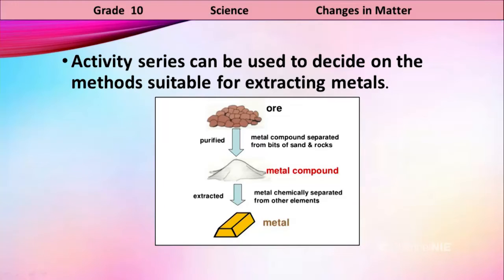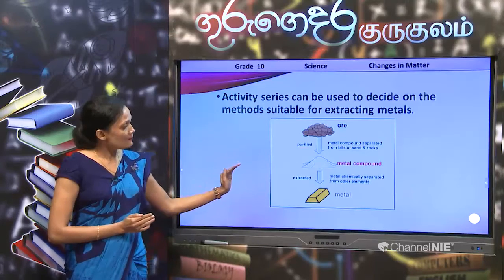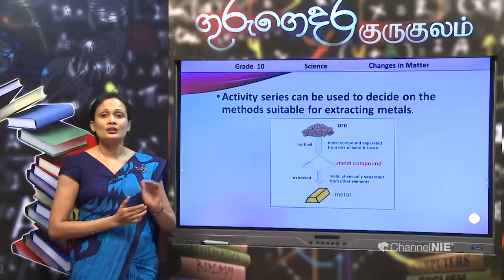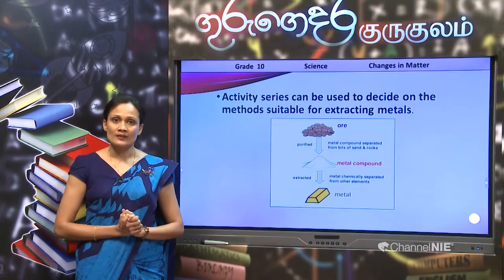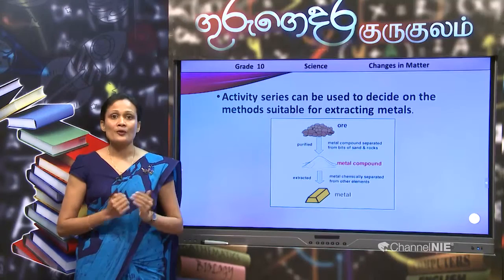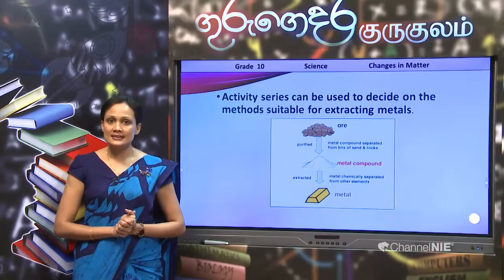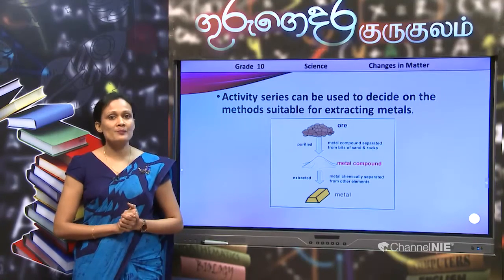If we get a metallic ore, we can purify it by separating the sand or rocks present in it. After that, we can obtain the metal compound. If we have the metal compound, we can obtain the metal by using different methods. Obtaining a metal from its compound by using different methods is considered extraction of metals.